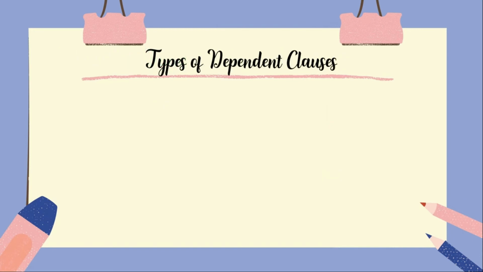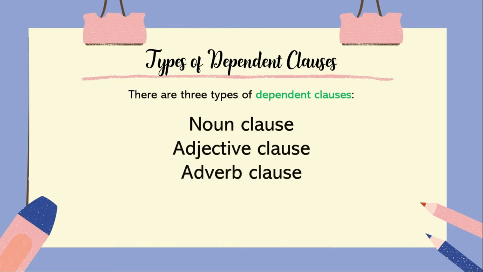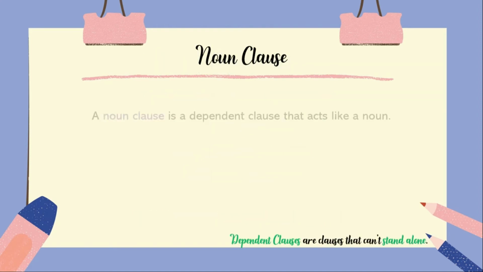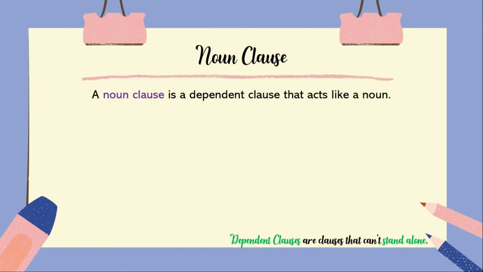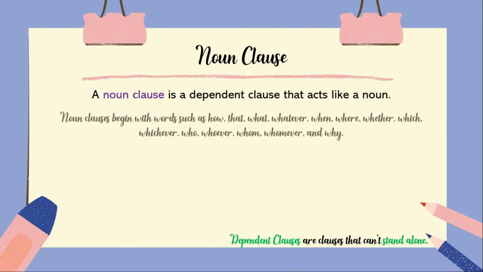Types of dependent clauses. There are three types of dependent clauses: noun clause, adjective clause, and adverb clause. Let's check them out one by one. Noun clause is a dependent clause that acts like a noun.